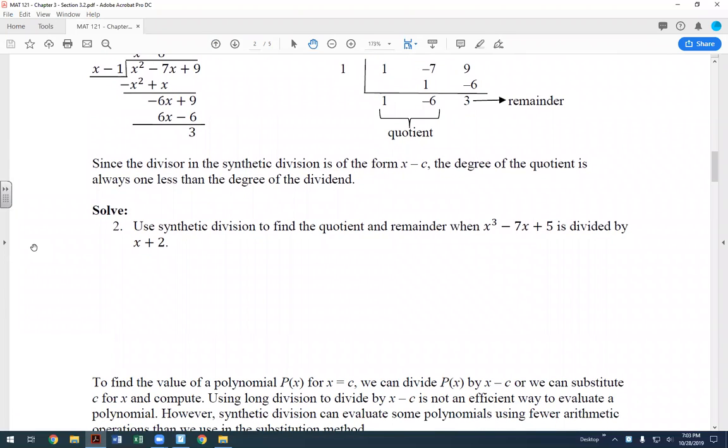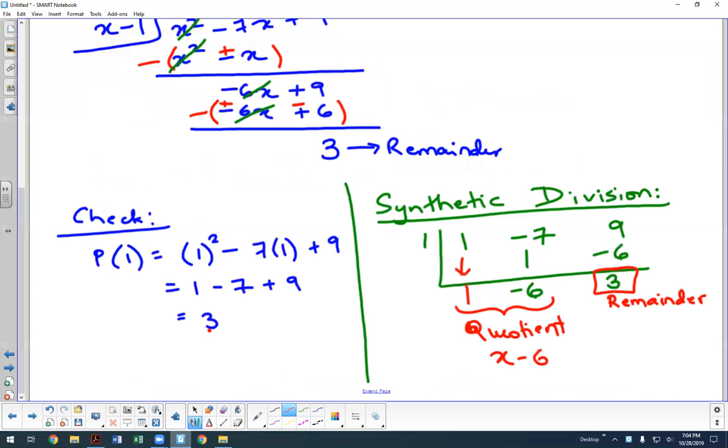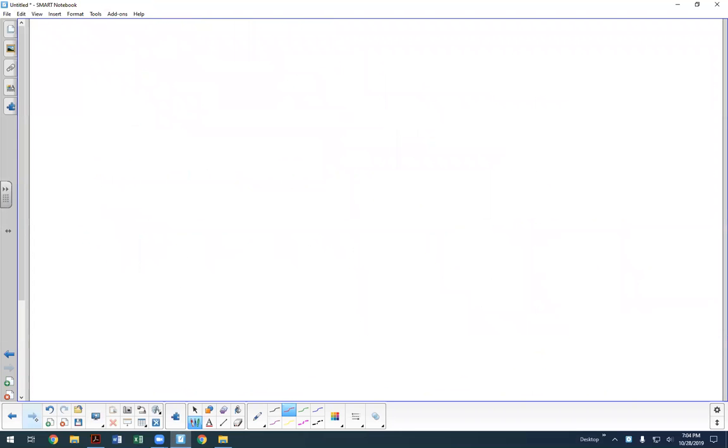And I think that's what they're talking about right here. So the difference between example 1 and example 2. Example 1, they said find P of 1. Here they're saying your polynomial is being divided by x plus 2. So using synthetic division, what can we set this guy up as?